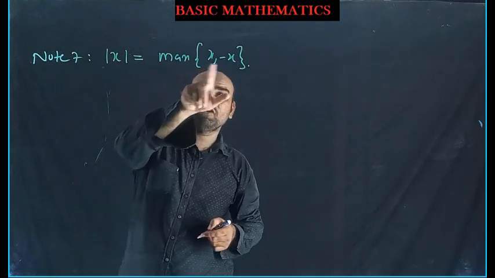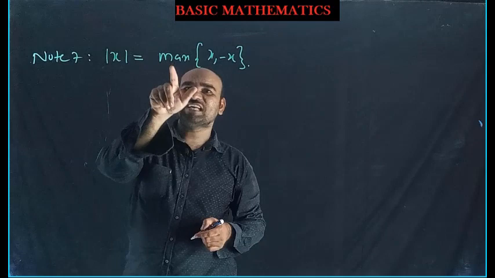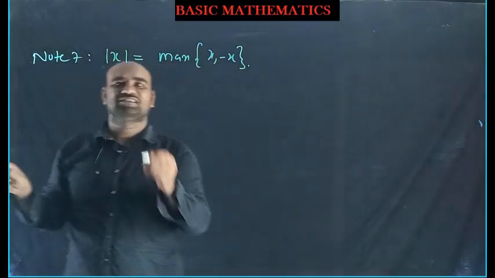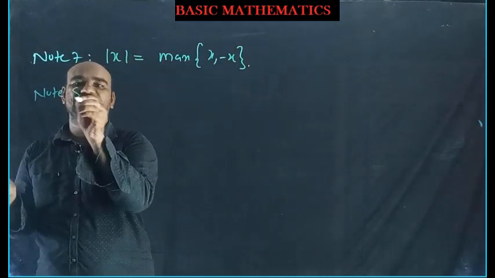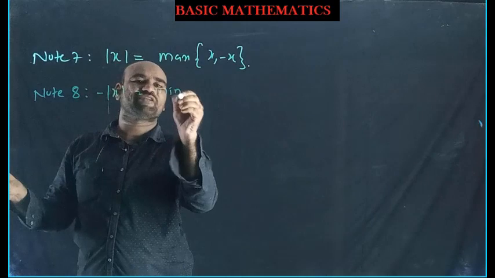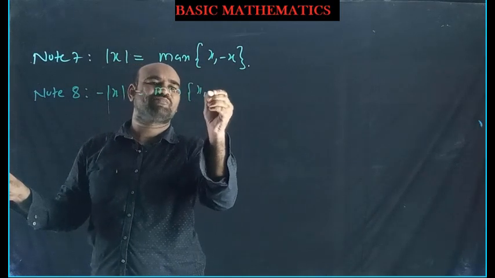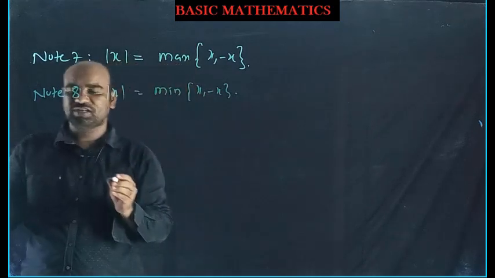Among minus 2 and 2, the maximum is 2. That's why mod of x is equal to maximum of x comma minus x. Similarly, note 8: minus of mod x, that is nothing but the minimum, reverse. Minimum of x comma minus x. Not a big problem.